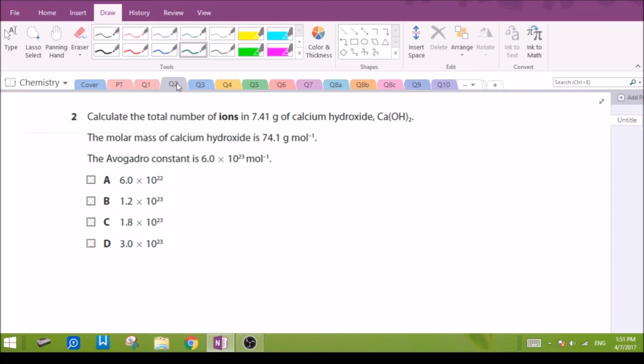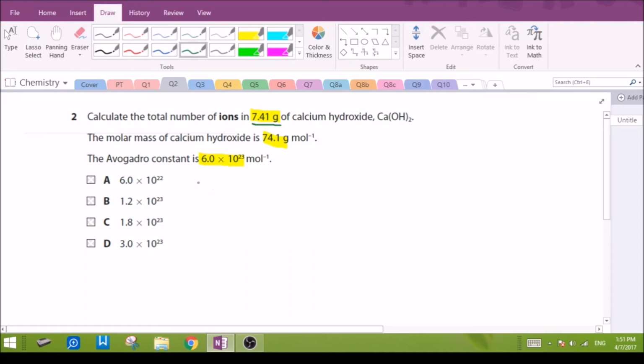Number 2, calculate the total number of ions in 7.41 grams of calcium hydroxide, and we are given the molar mass and the Avogadro's constant. So let's start with this information, 7.41 grams of calcium hydroxide.